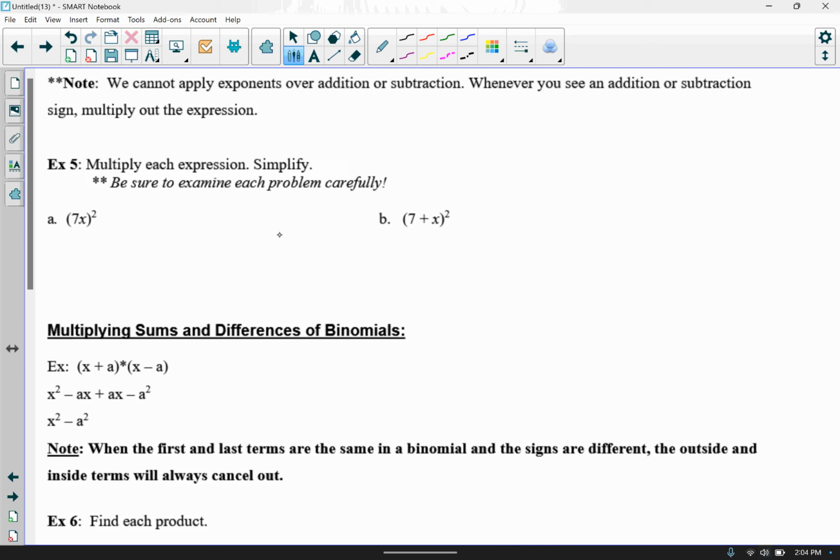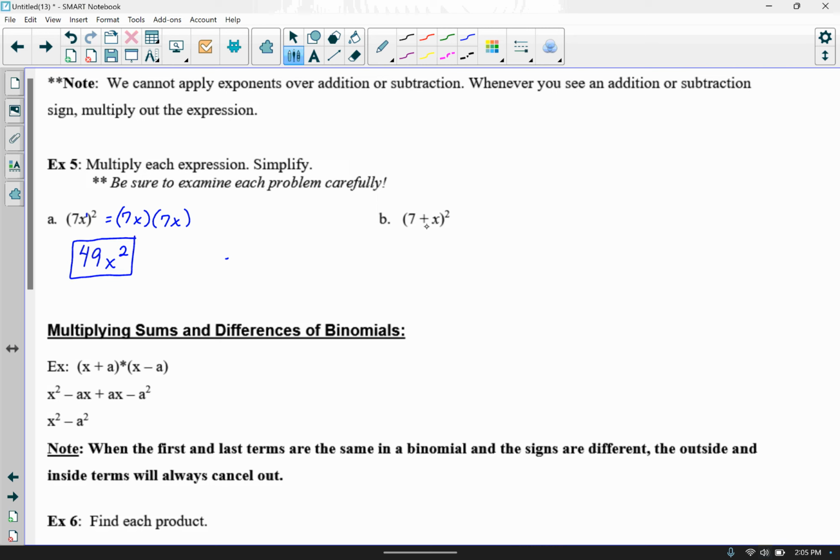So in letter A, when it says 7x squared, then really what that means is 7x times 7x. So you can write it out like that, or you can think about how we did a couple of sections ago, where we just said, okay, everything in this parenthesis gets squared. So 7 squared is 49, and x raised to the second power, power to a power, you multiply, so 1 times 2, 2, 49x squared.